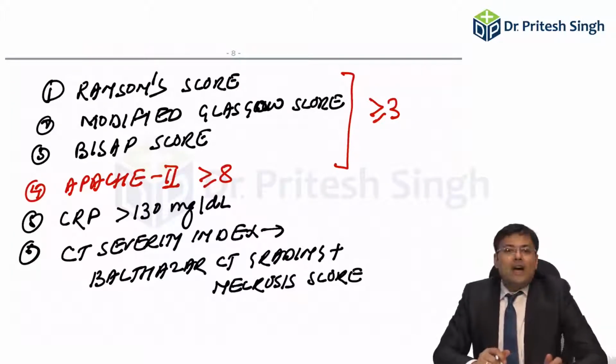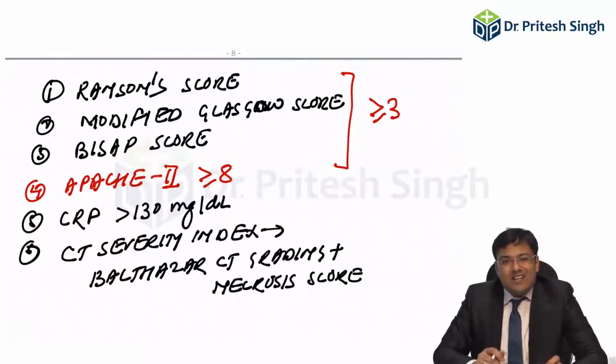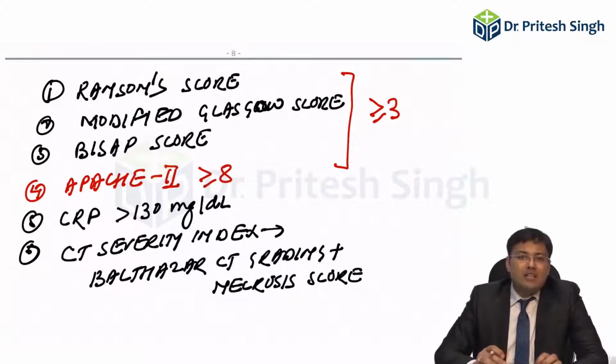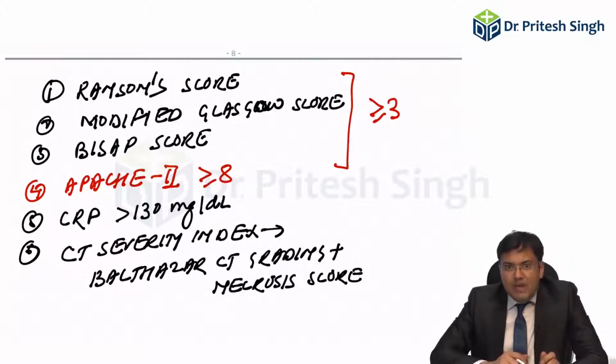So these are various prognostic markers or indicators used for acute pancreatitis to know whether patient is having mild to moderate acute pancreatitis or severe pancreatitis. These are frequently asked in exam, especially Ranson's, Bishop and APACHE 2.